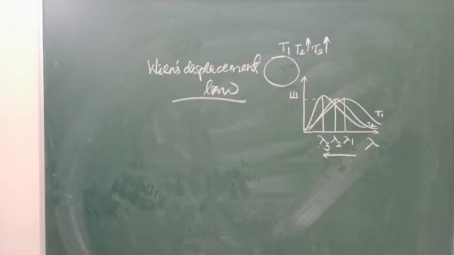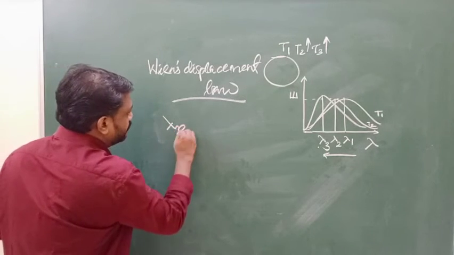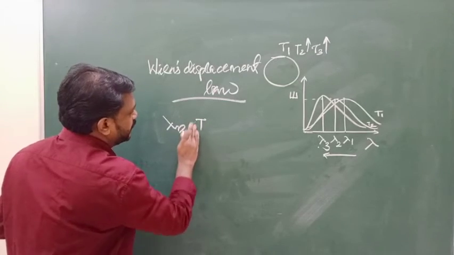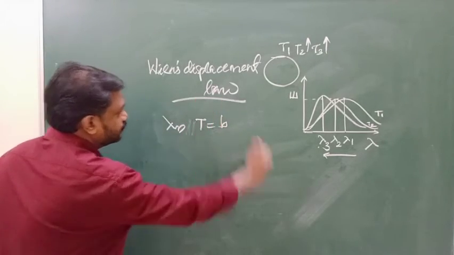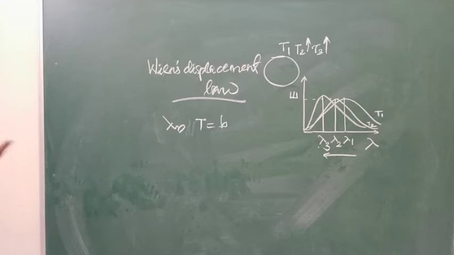Let lambda m be the wavelength of maximum energy emitting radiation and T the absolute temperature. There is a relation between lambda m and T, and you have to learn that expression: lambda m multiplied by T is equal to B, where B is a constant. T and lambda m are inversely proportional, so T into lambda m should be a constant.